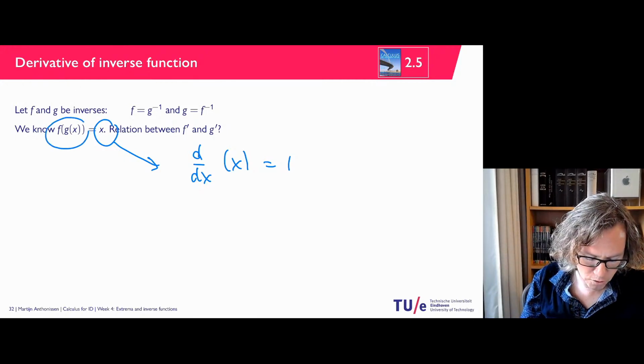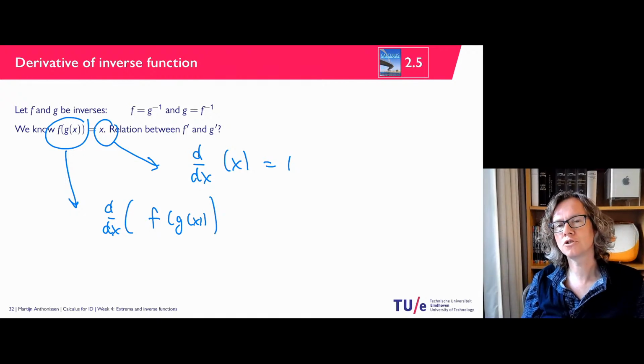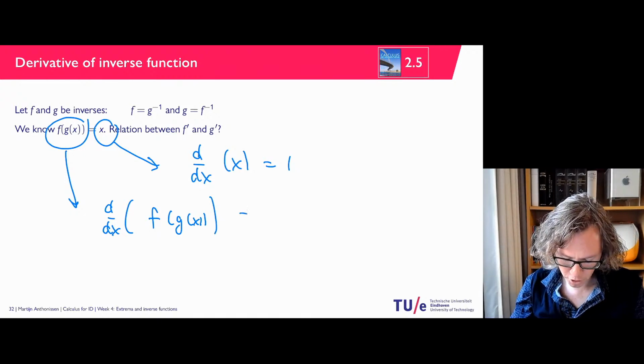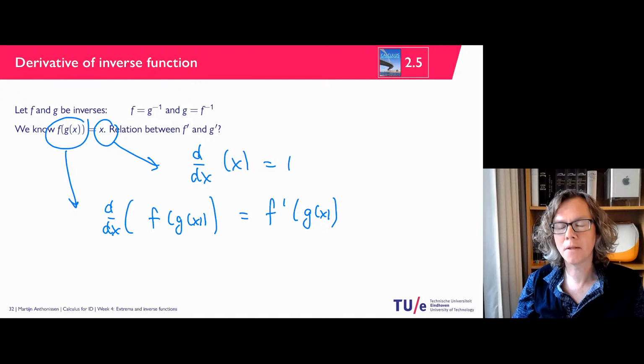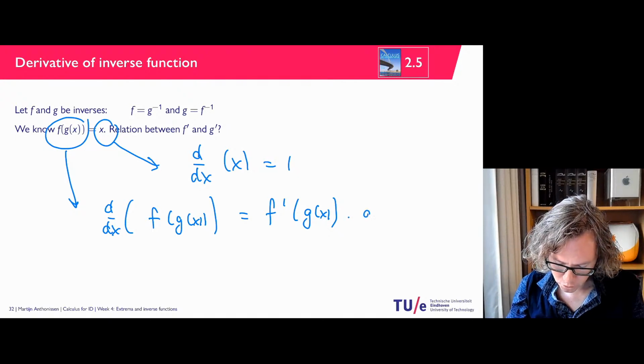If you differentiate the left-hand side, well, that's d/dx of f(g(x)). I have to use the chain rule here. So that is f prime of g(x). But then I'm not done yet, because I have to multiply by g prime of x.